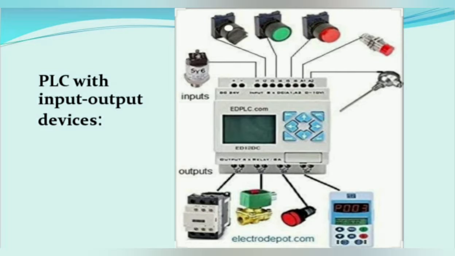Whereas at the output side of PLC, a relay contactor, solenoid valve, red indicating lamp and electrical drive are connected. It means that different types of sensors and switches are used as input devices to the PLC, and contactors, relays, solenoid valves, indicating lamps and electrical drives are used as output devices to the PLC.